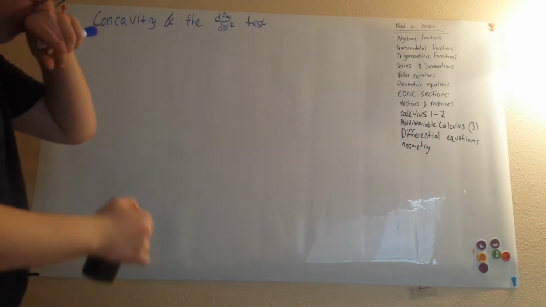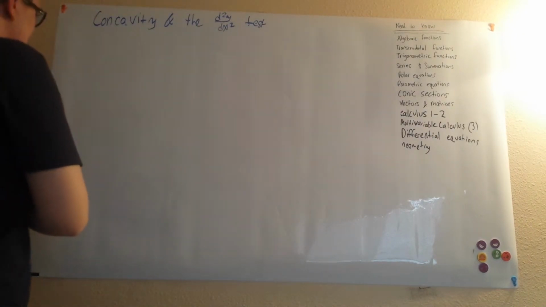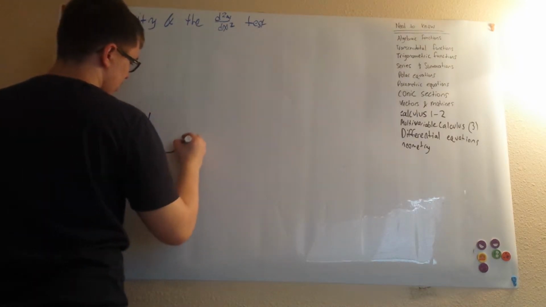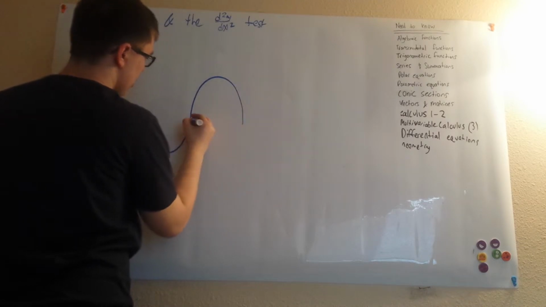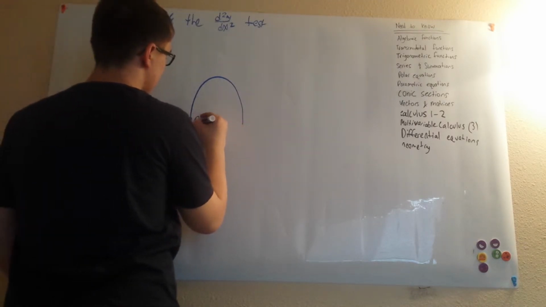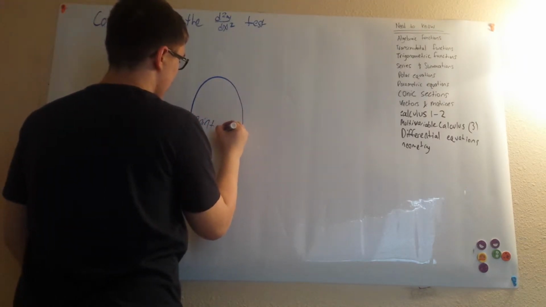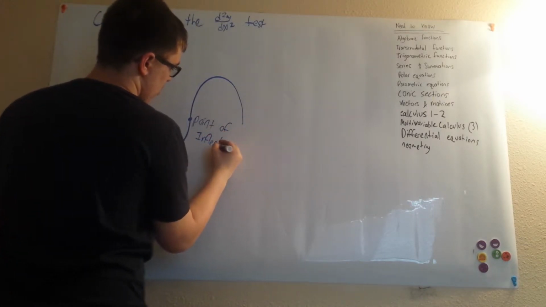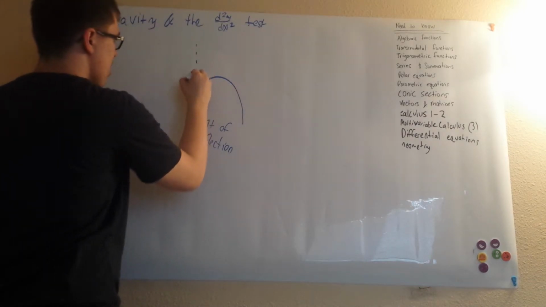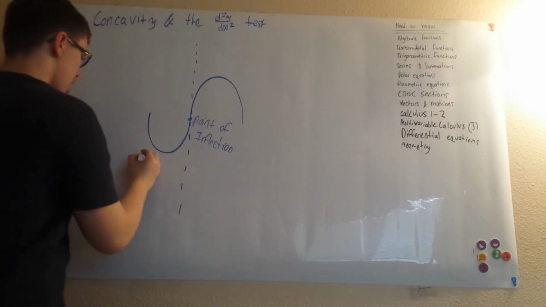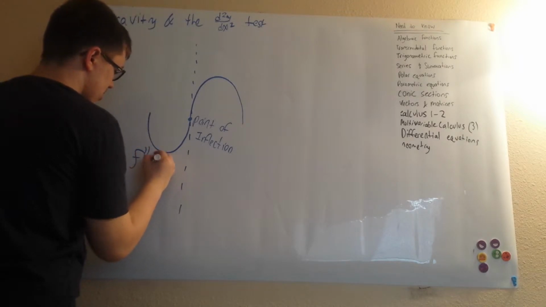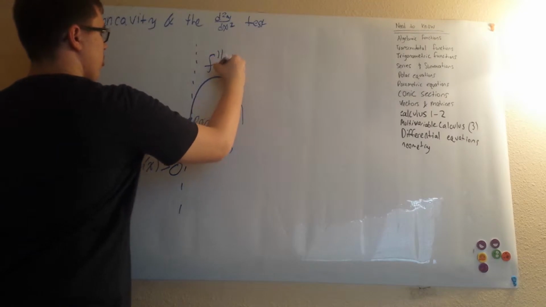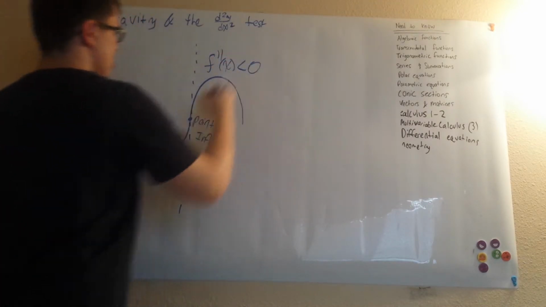So what does a point of inflection look like? If I'm changing from concave up to concave down, this is obviously a point of inflection. From this end, f double prime of x is greater than 0, and from this end, f double prime of x is less than 0.